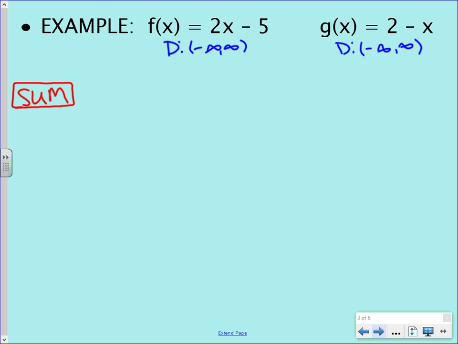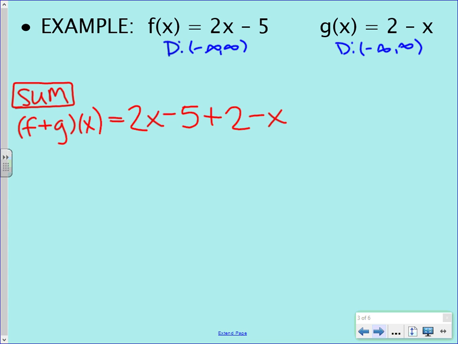Okay, so we have (f + g)(x). We are going to take our function f, and we are going to add it to our function g. Since we're adding, there's no need to be concerned about parentheses. We're just going to add from left to right.